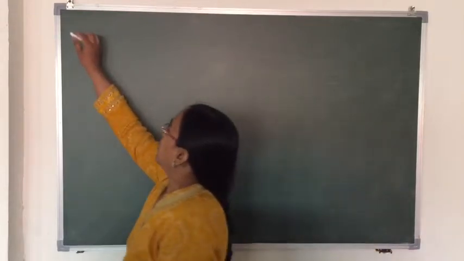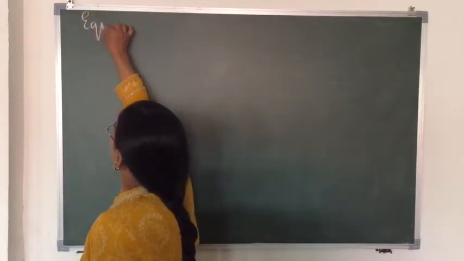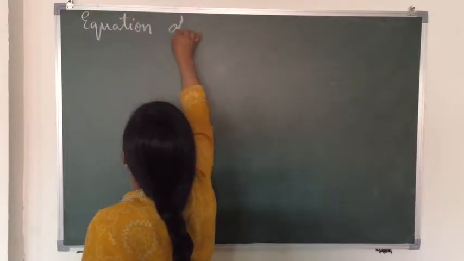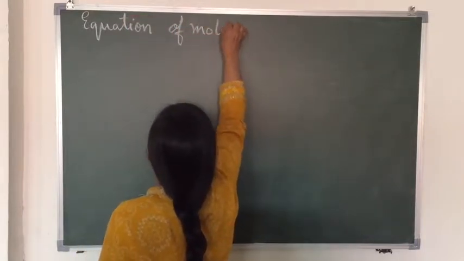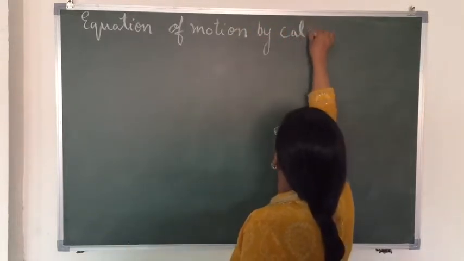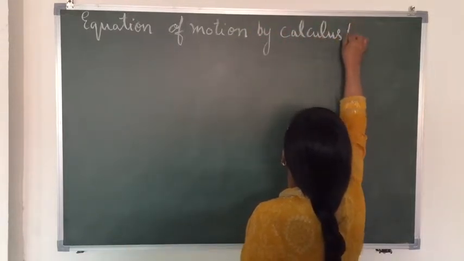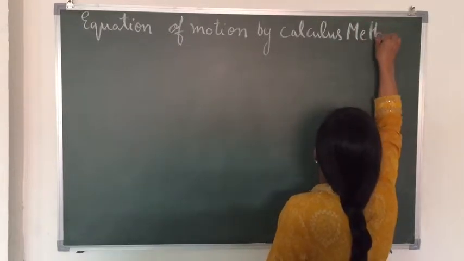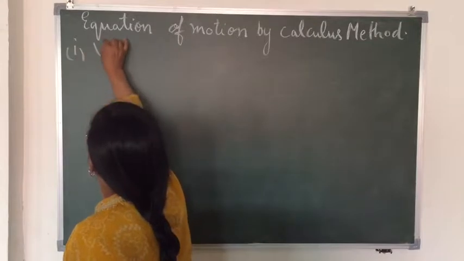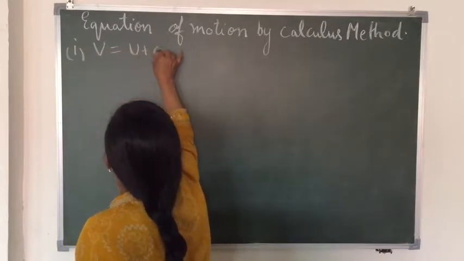Now, equation of motion by calculus method. Our first equation, v = u + at.